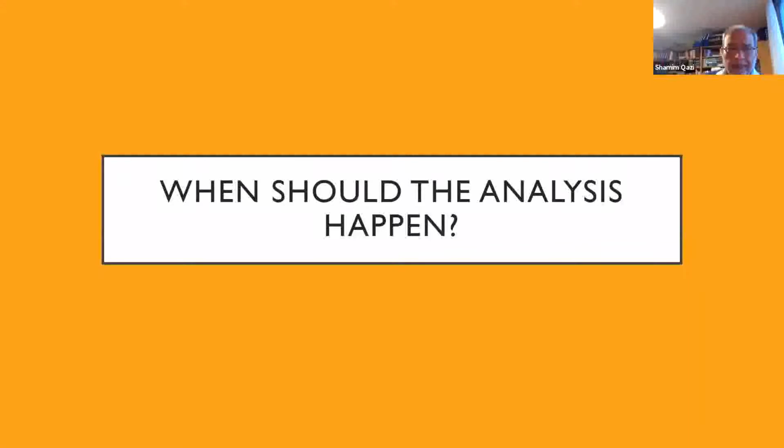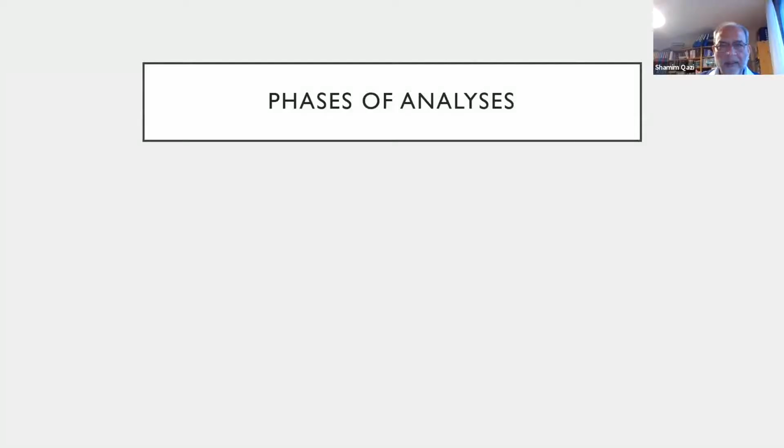And when should the analysis happen? In most research studies, the analysis happens at the end. But here, in implementation research, we do not want to wait till the end of the study to start the analysis, because we are looking at the implementation progress.